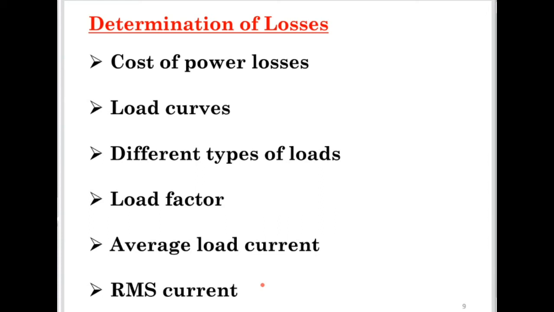Answer if you know it, any hints, even if it is wrong, no problem. What could be the reason that we need to use RMS current to calculate power loss?